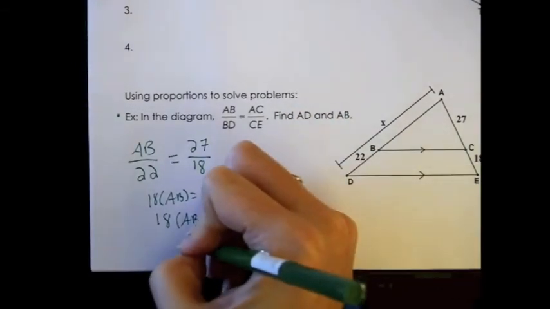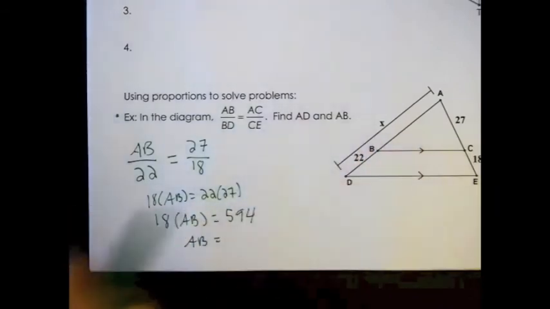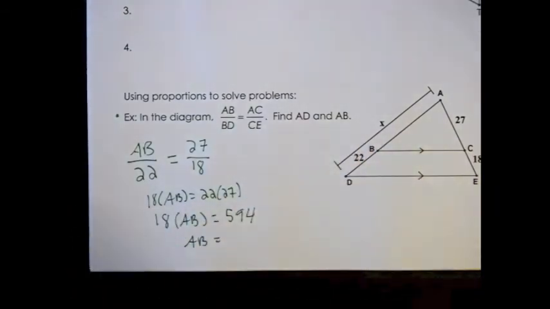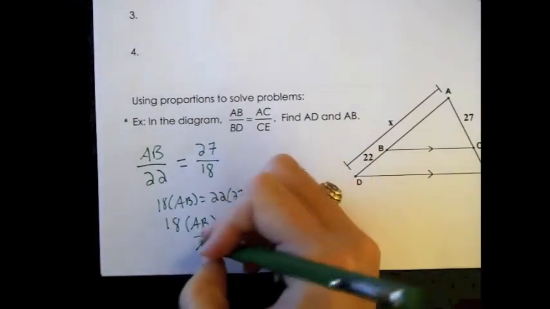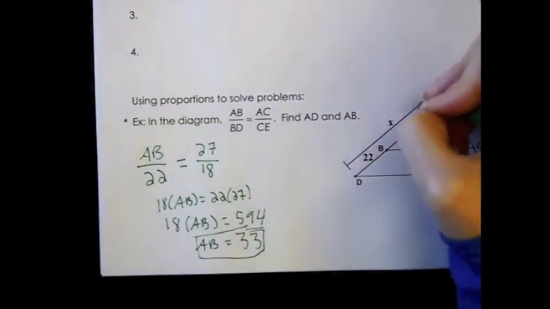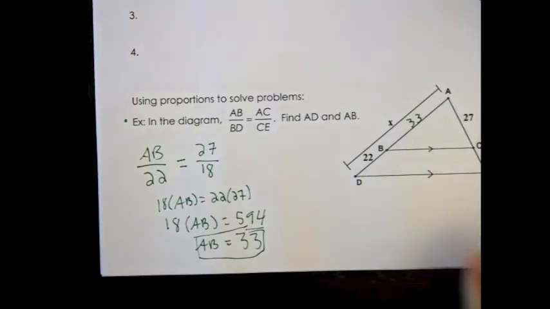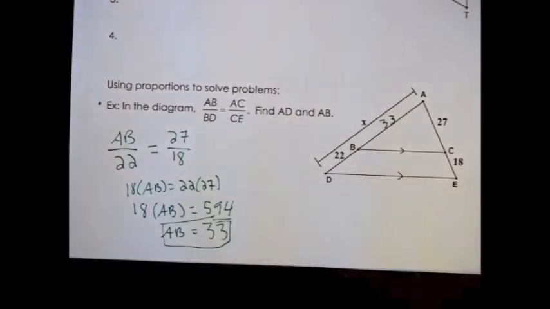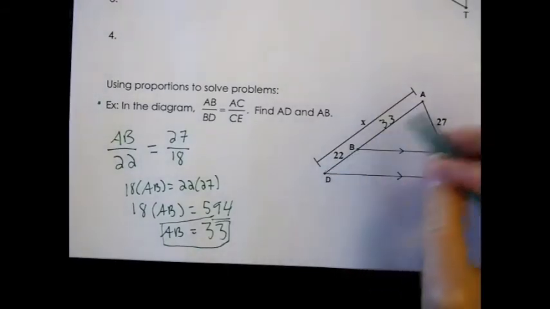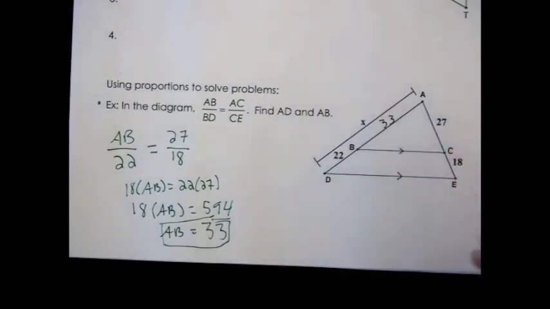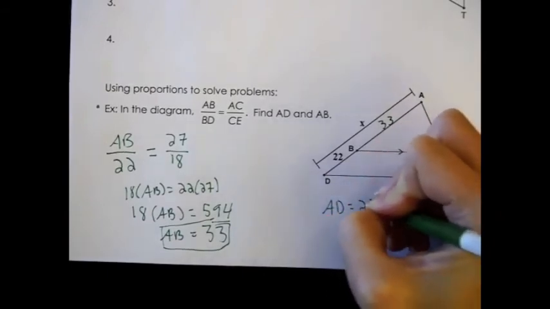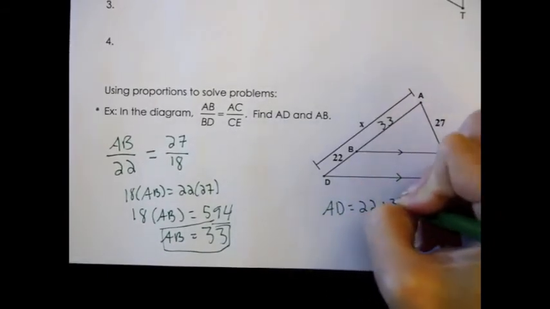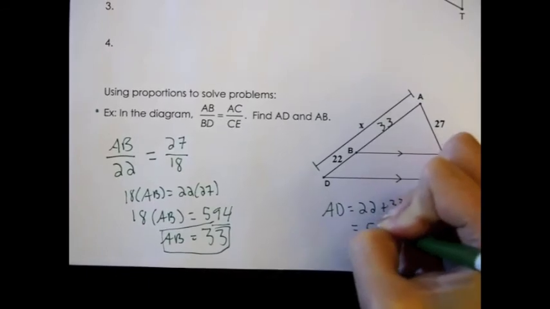Divide both sides by 18, and the length of segment AB is 33. So now if we want to find AD, we can use our segment addition postulate and know that BD plus AB will get us AD. So AD is 22 plus 33, which is 55.